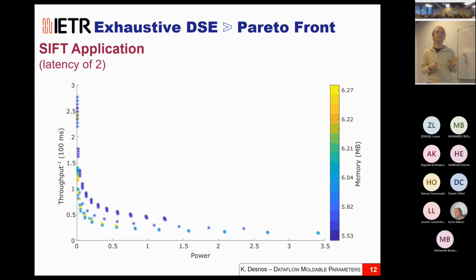These points are on the Pareto front because they have a slightly different memory footprint. But with maybe a further refining process, we could probably eliminate a few points on this Pareto front and just keep one of them, which is interesting. In this case, we would have less than 0.2% of the points on the Pareto front.